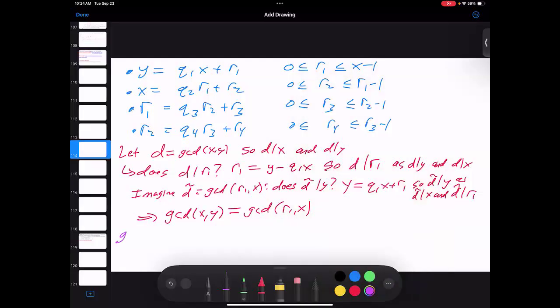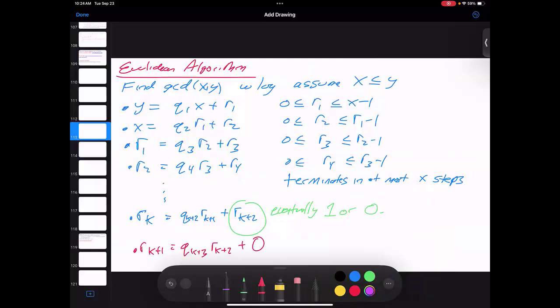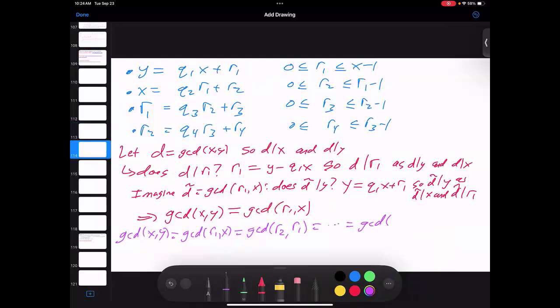So the GCD of x, y is the GCD of R1, x is the GCD of R2, R1 equals dot dot dot equals the GCD. It's going to go all the way to the end of Rk plus 1, Rk plus 2. So we just keep marching down and the GCD doesn't change.